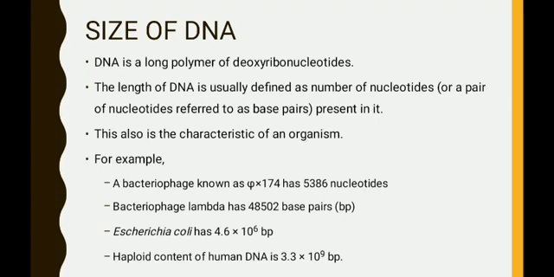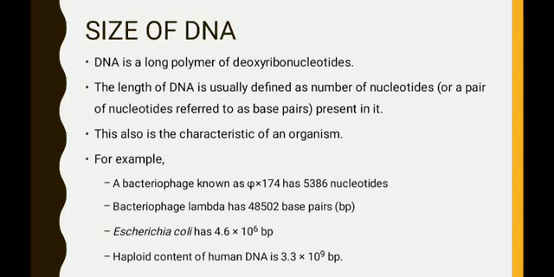Bacteriophage lambda has 48,502 base pairs. Escherichia coli has 4.6 into 10 to the power 6 base pairs.